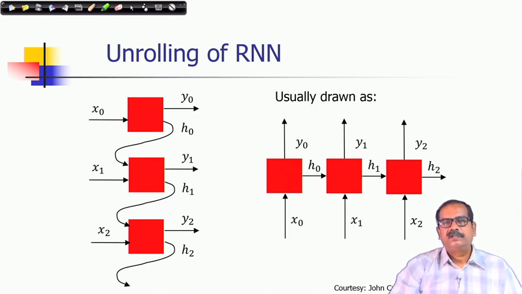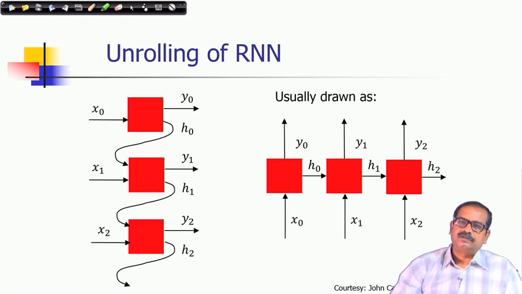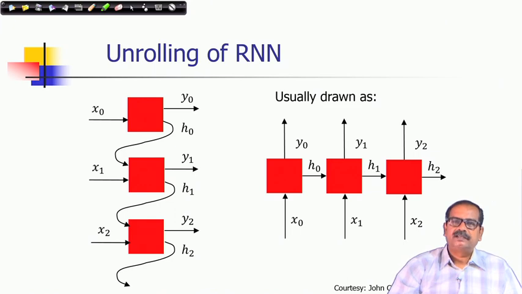At the next time stamp, the inputs are x 2 and h 1, the intermediate output of the previous time instance, and it produces output y 2 and also an intermediate output h 2. So the sequence y naught, y 1, y 2 has been generated from x naught, x 1, x 2. That is the explanation of the working of an RNN.